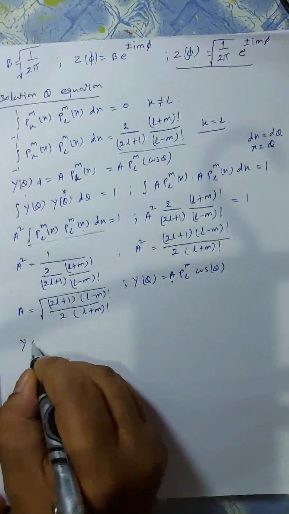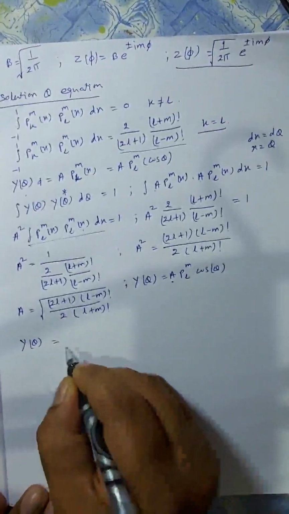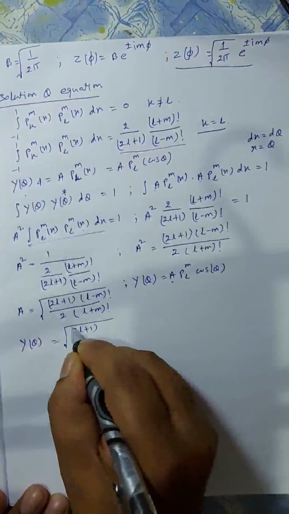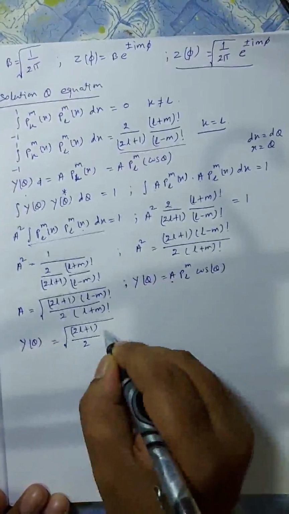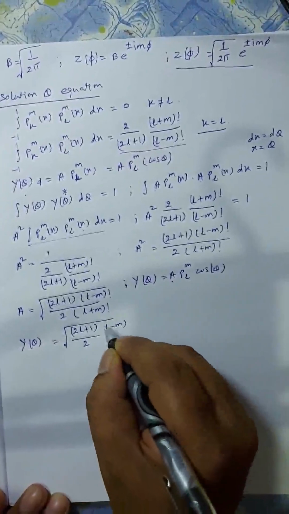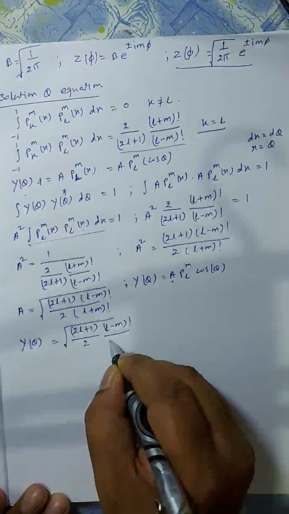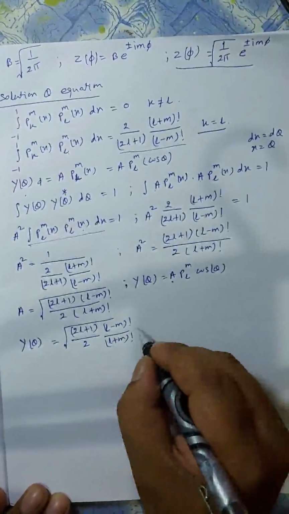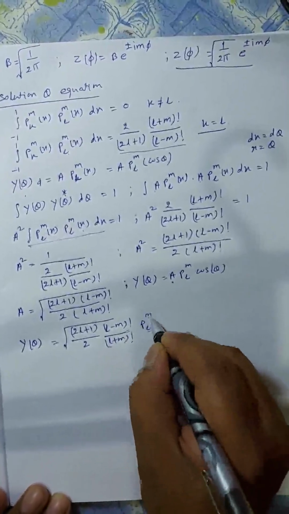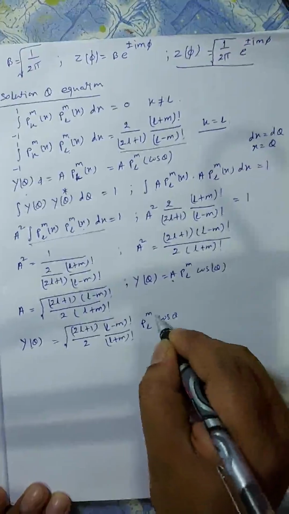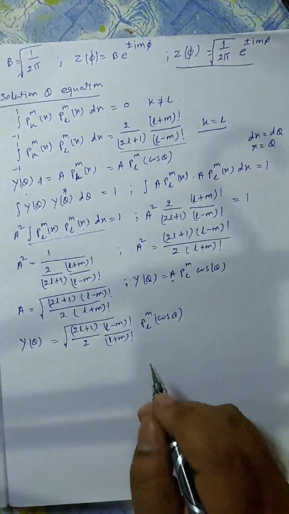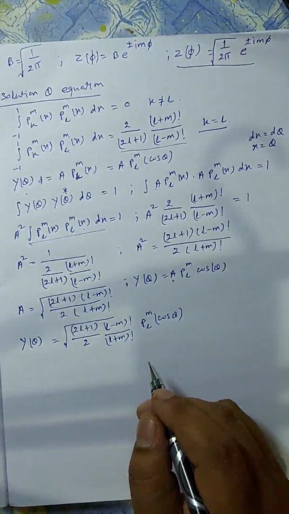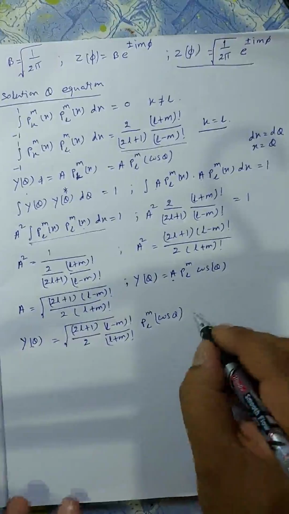So Y(theta) is equal to the square root of (2l plus 1) divided by 2, times (l minus m) factorial divided by (l plus m) factorial. This is a. Then P_l^m(cos theta). This is called the solution of the theta equation. This is the solution of the theta equation.